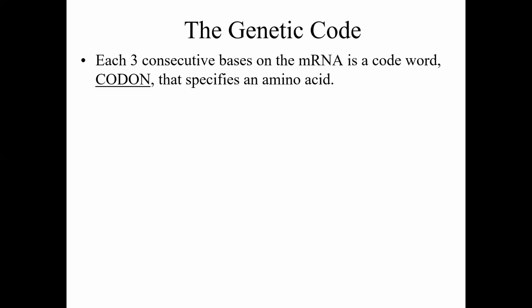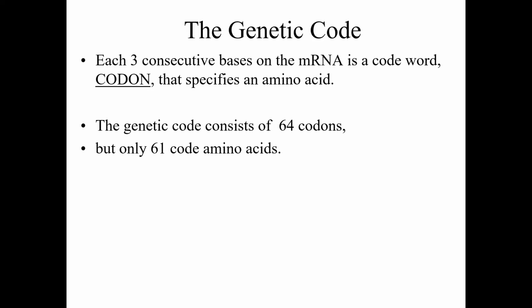A genetic code is the instruction that the cell uses to translate DNA into an RNA molecule. It is made up of codons, which are 3-letter sequences of nucleotides that correspond to a particular amino acid that is going to be found in the protein that is going to be produced.